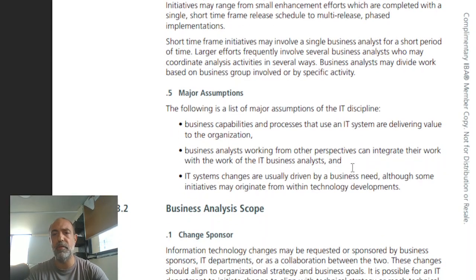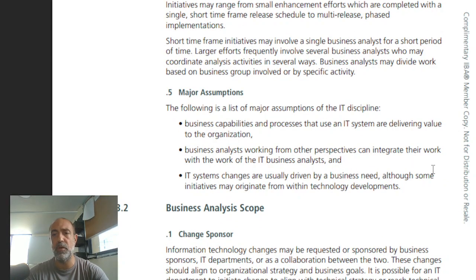Short time frame initiatives may involve a single business analyst for a short period of time. Larger efforts frequently involve several business analysts who coordinate analysis activities.